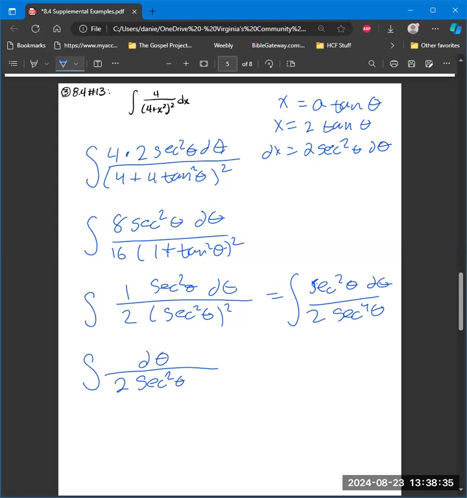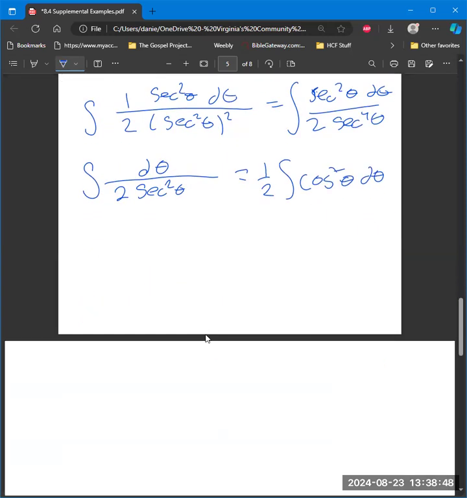D theta is left up there. So I'm going to pull the 1/2 out, bring the secant squared down as a cosine squared theta d theta. And then I'm going to use my power reducing formula that we've talked about. And this is going to be 1 plus cosine of 2 theta over 2.